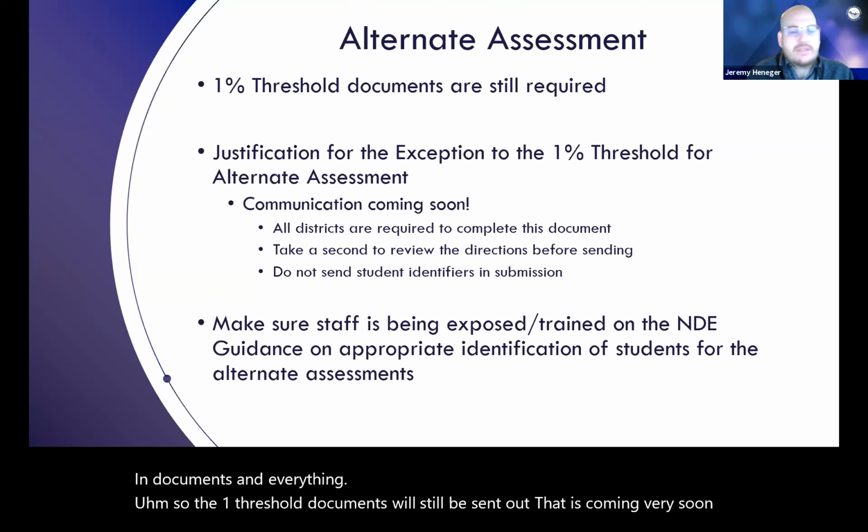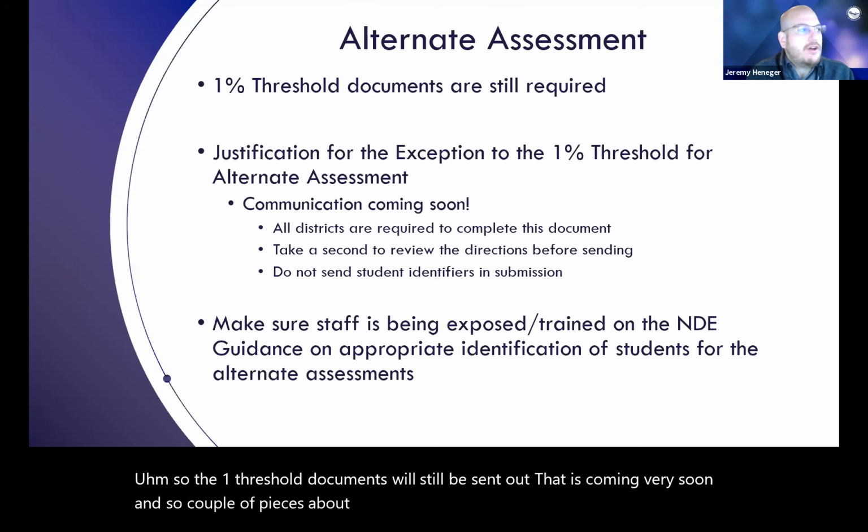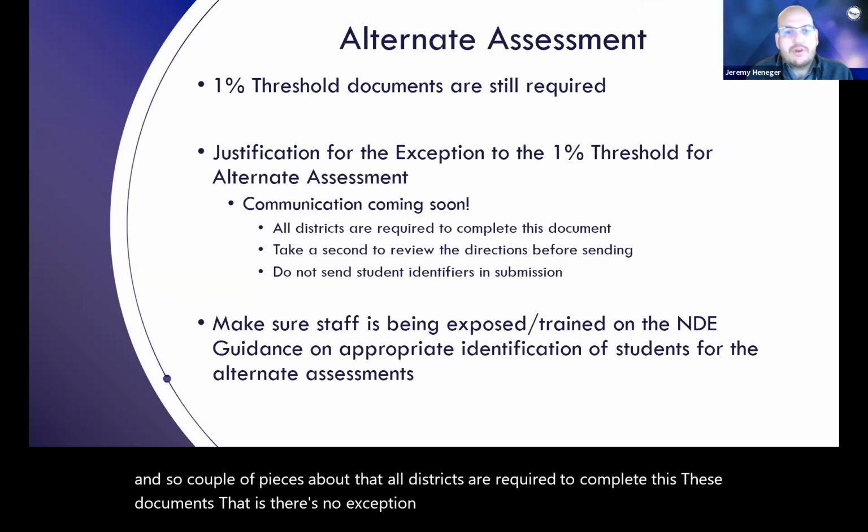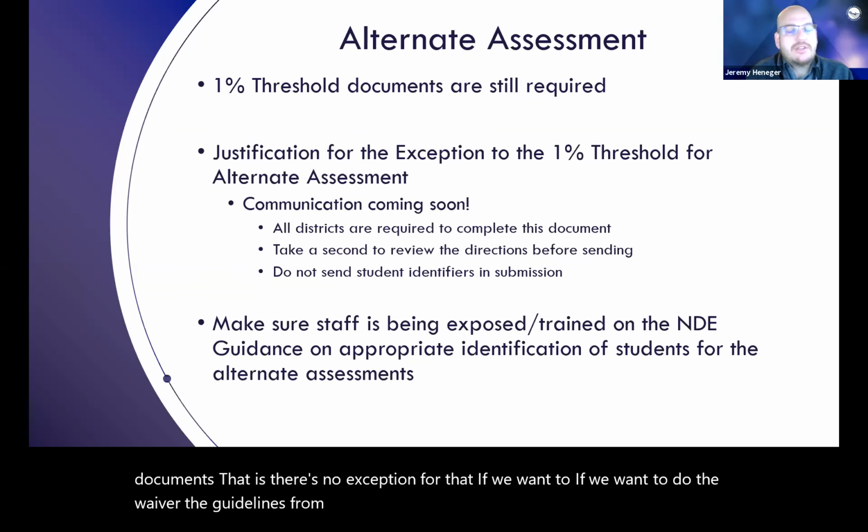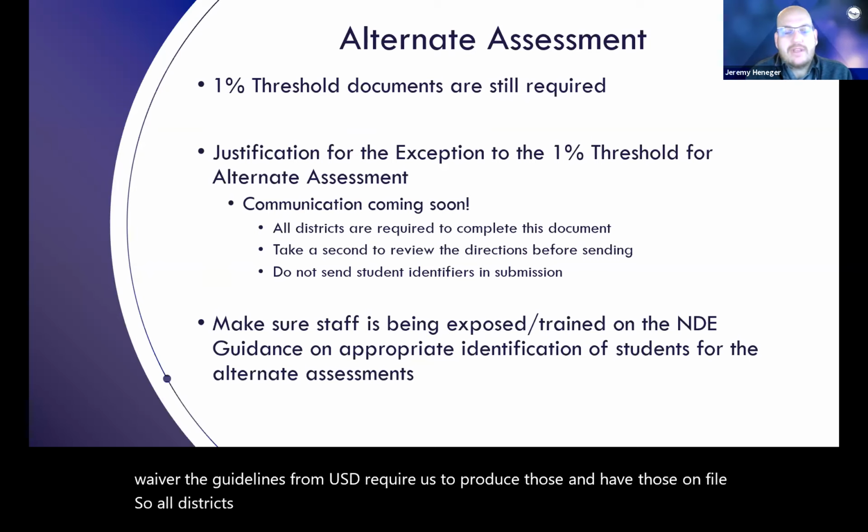A couple of pieces about that. All districts are required to complete these documents. There's no exception for that. If we want to do the waiver, the guidelines from USDOE require us to produce those and have those on file. So all districts, even though you might not have any alternate students, have to fill out that paperwork.